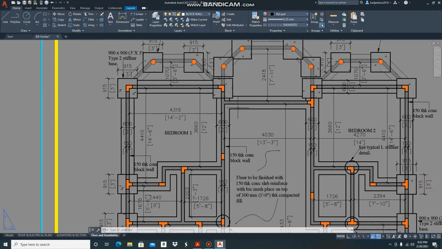And I shed some light for you last week on the role of your stiffener columns as it relates to your building. These are very, very vital components. They are structural elements that are there to preserve the structural integrity of your building.